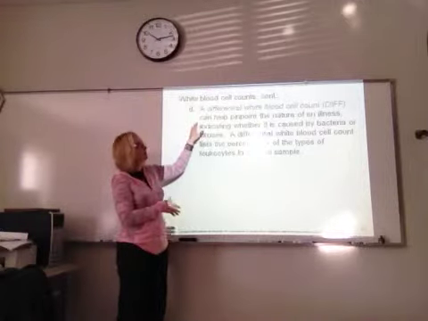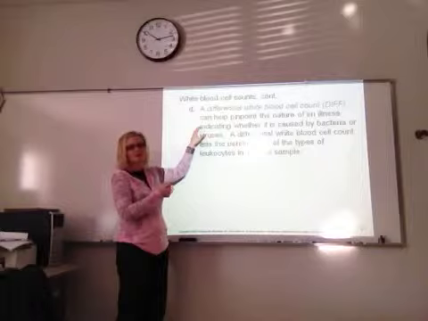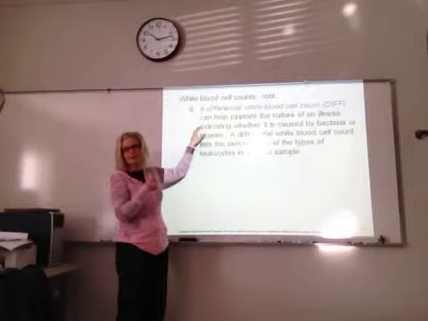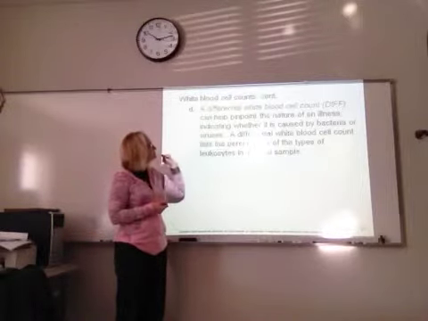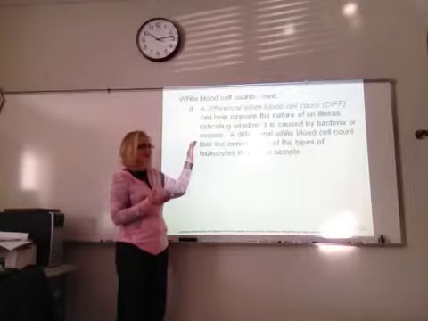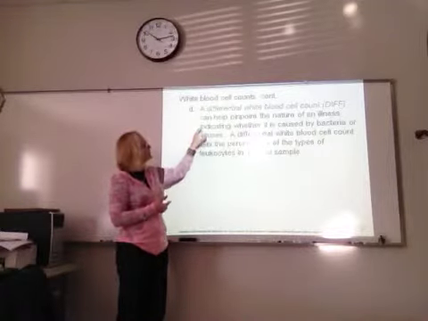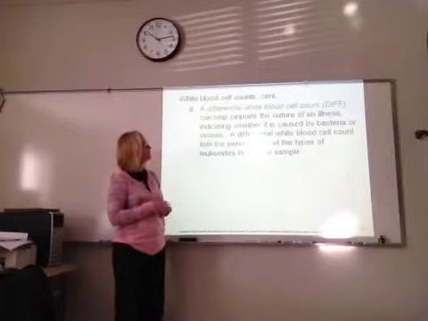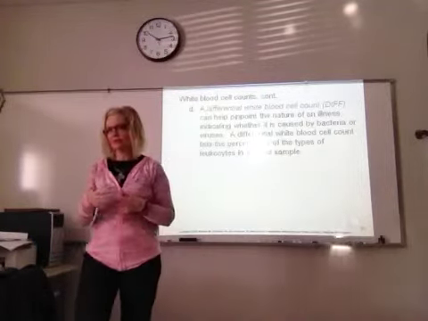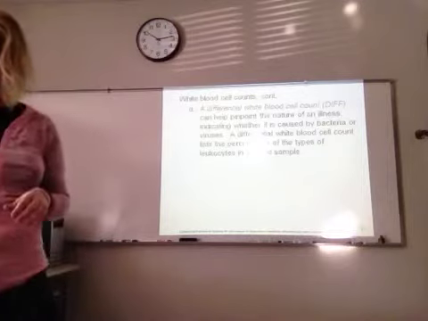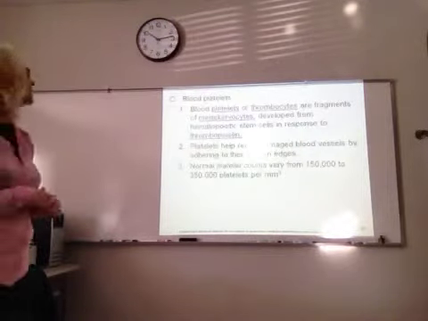It can help pinpoint the cause: if your neutrophils are up, probably bacteria. If eosinophils are up, maybe you're having an allergic reaction to something. So they can look at the different types and see what they think is the underlying cause of your condition.